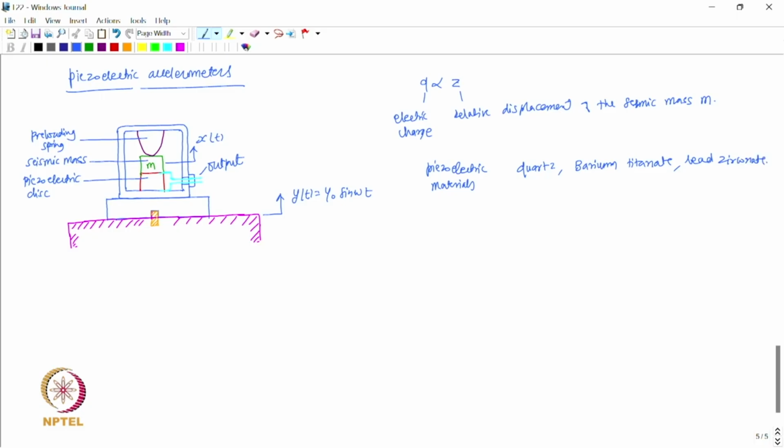So therefore here the output of the accelerometer is in terms of charge, and therefore these accelerometers are also referred to as charge type piezoelectric accelerometers.